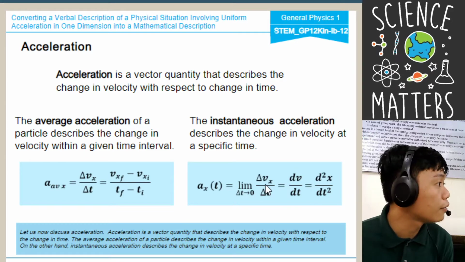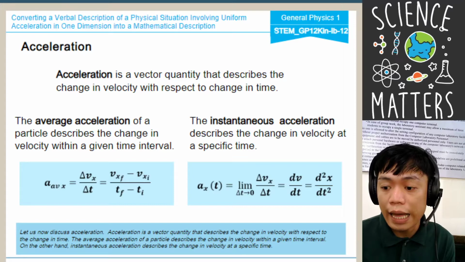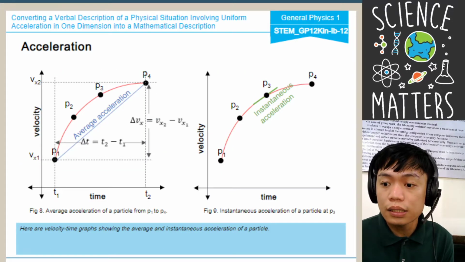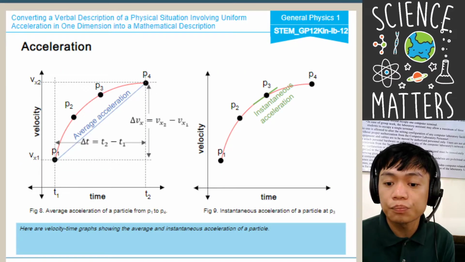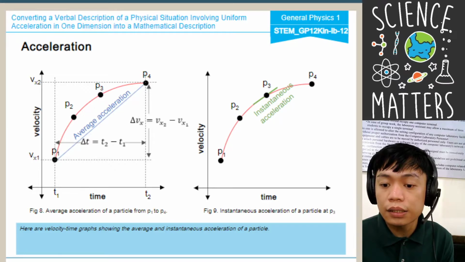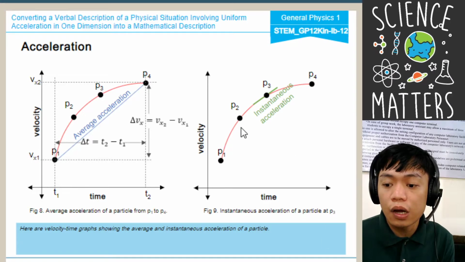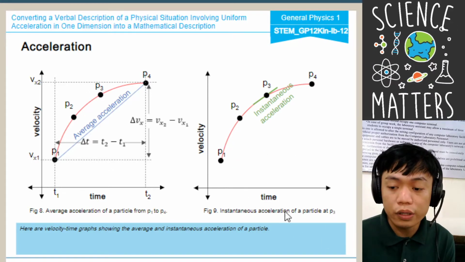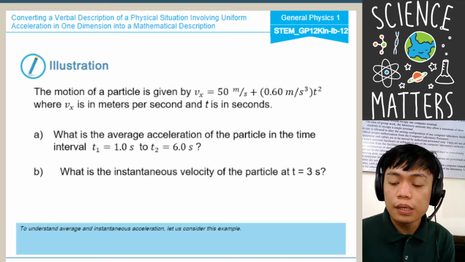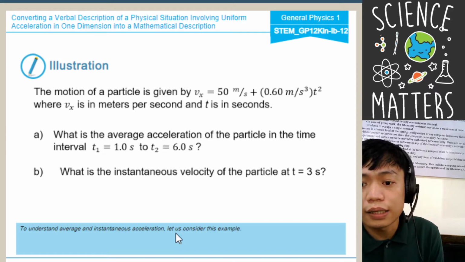Figure 8 and figure 9 present the difference, or the graph, showing the average and instantaneous acceleration of the particle or the moving object. So now let us try to solve this problem.